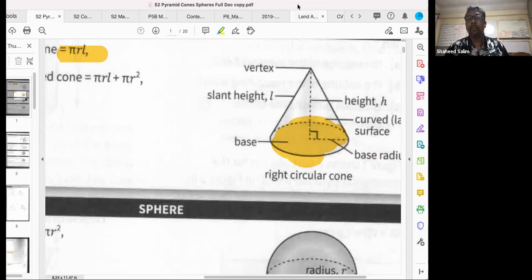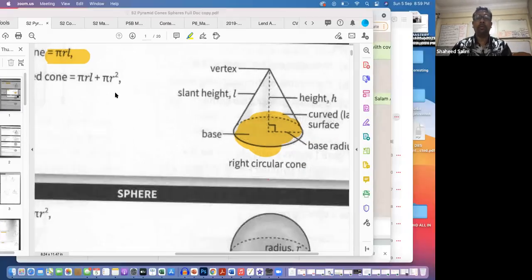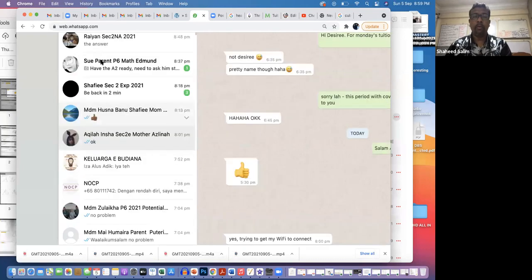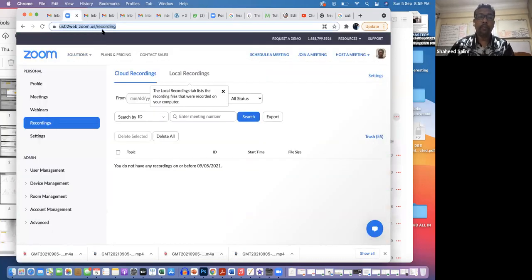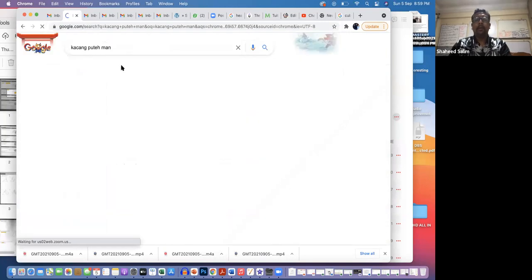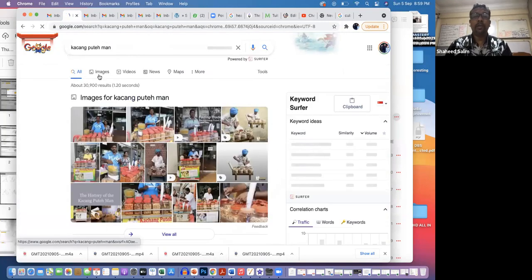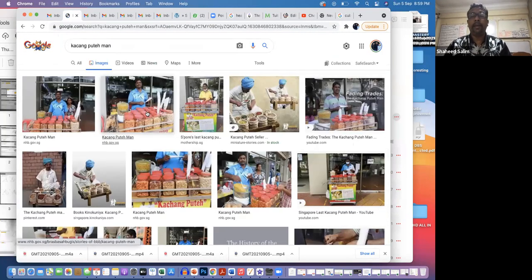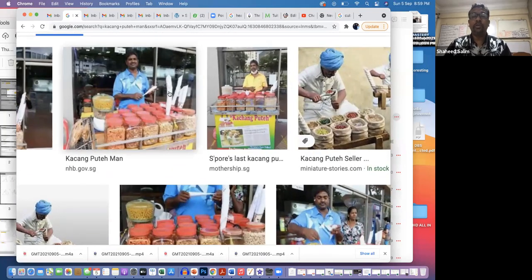Remember kacang putih. You all know kacang putih. Okay, I need to show you all this, how they make a cone. You all know the kacang putih man? Don't know? In Singapore, last time especially, there's this man, normally an Indian man. They use paper, can be newspaper, can be phone book.